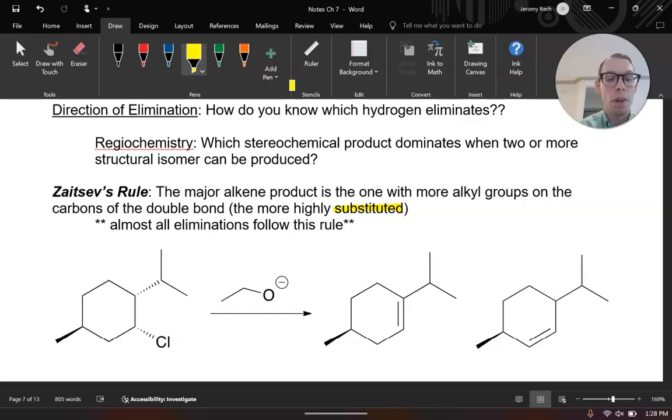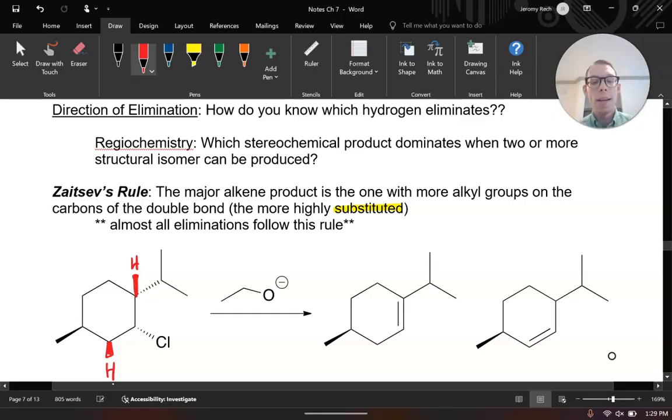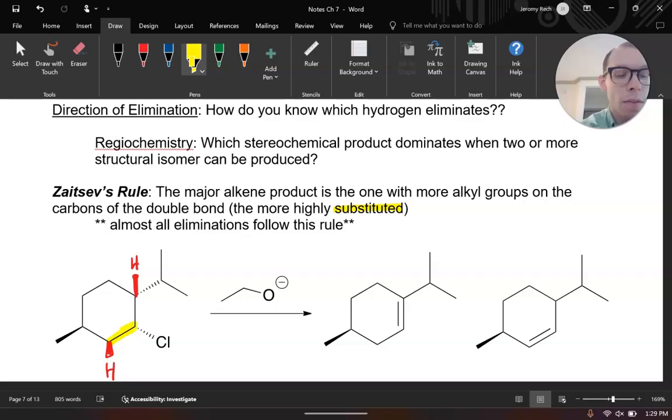We have a leaving group of a chlorine, and there is a hydrogen that is not drawn in but exists one away, as well as down here, one away. Each of those can be eliminated. The lower one would get you the second product, and the higher one would get you the first product.